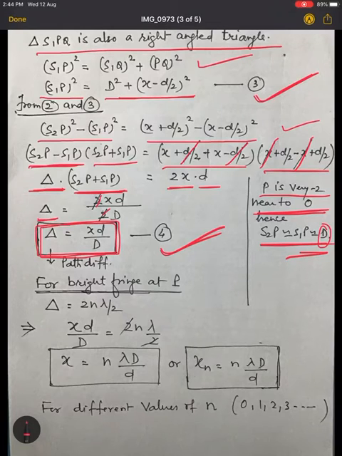Now, if we say that at point P a bright fringe is obtained, we have to use the condition for bright fringe at P. One time we will use the condition for bright, and the second time we will use the condition for dark. So for a bright fringe at P, delta is equal to 2n lambda by 2, that we have already discussed in the previous lesson.